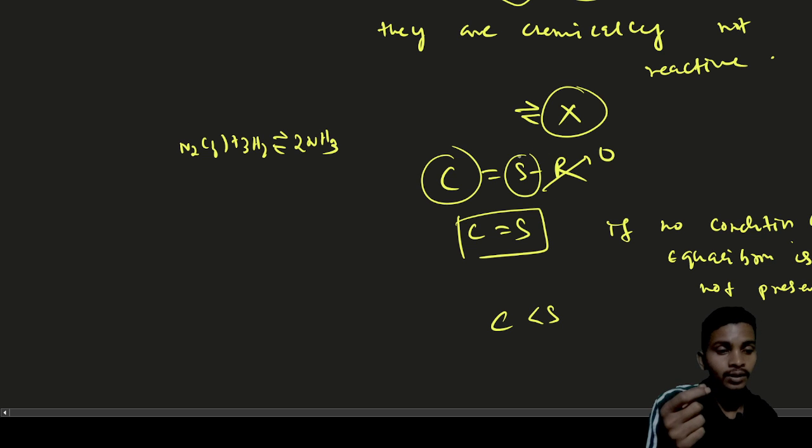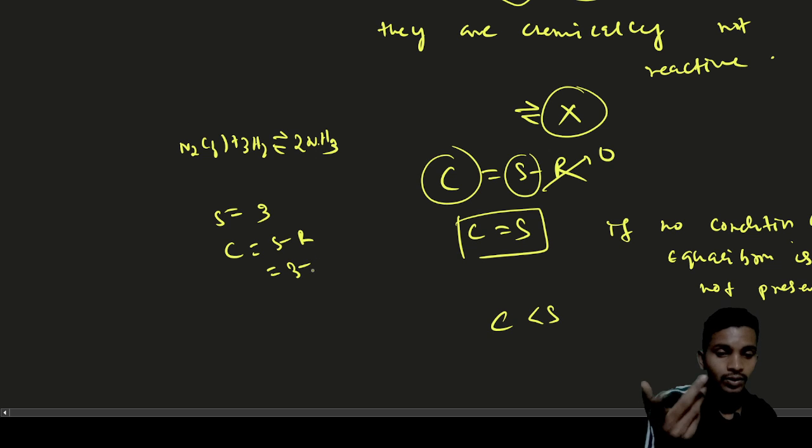Here species S is 3, but components are S minus the condition: 3 minus 1, so 2.